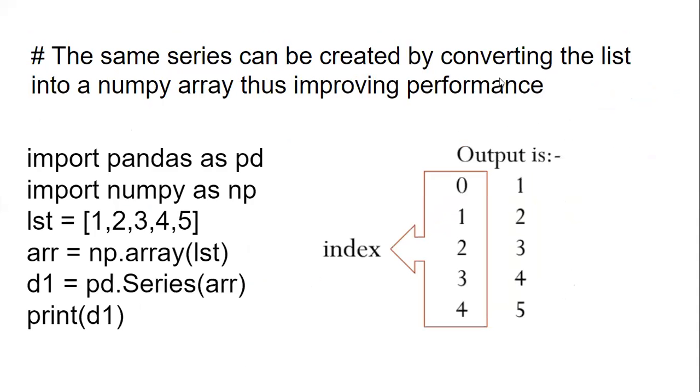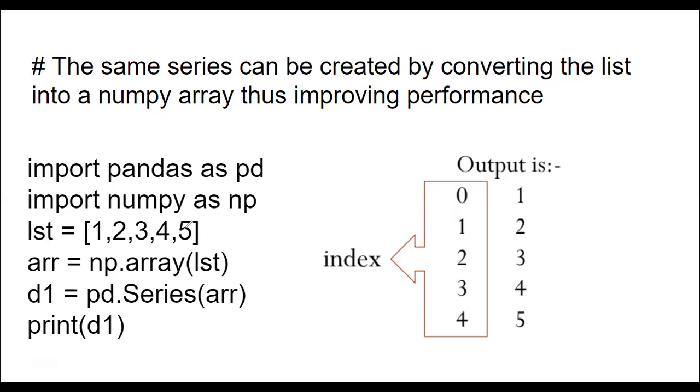Now the next one is the previous one that we have seen. We just created our series using a list of values. In that we didn't give the index. Now here I want to pass it with the help of an array, whereas directly through the list we did it before. So the same program using a NumPy array. One more thing, a library you have to import. What is that library? Import numpy. Why are we importing NumPy?